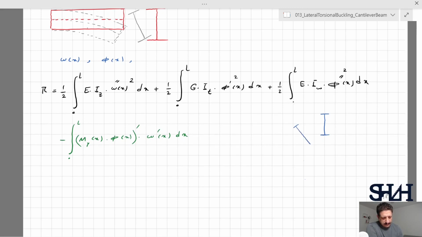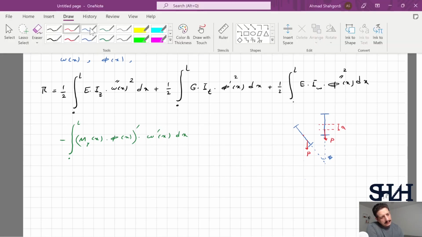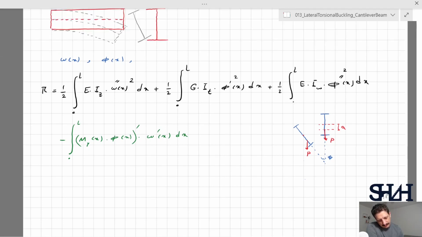if we assume that the element is rotated for phi. And if the force is applied at the distance of A from its centroid, immediately after starting to rotate, then we have two components of P, one in the direction of web, the other one perpendicular to web.